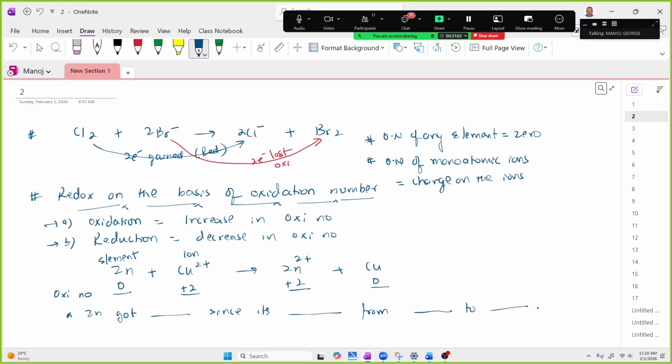You tell me what appropriate words should come there. What happened to zinc and why did it happen? Try to fill up the appropriate words, please. Zinc got oxidized or reduced? Just write the short form: OXI for oxidized, RED for reduced. What do you think happened to zinc?